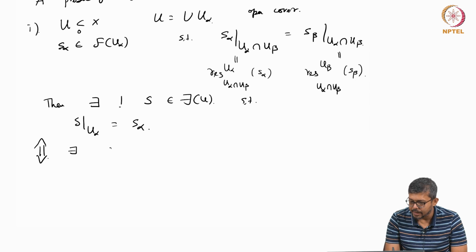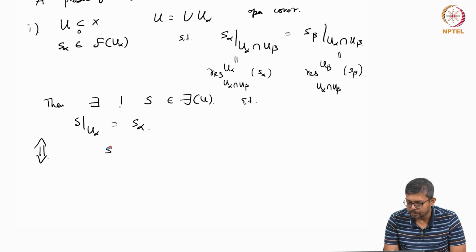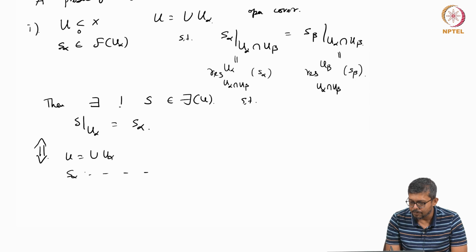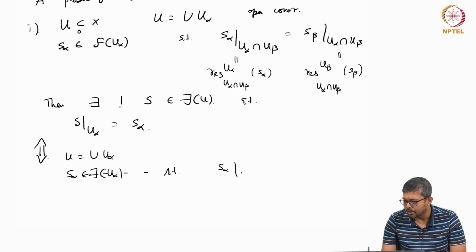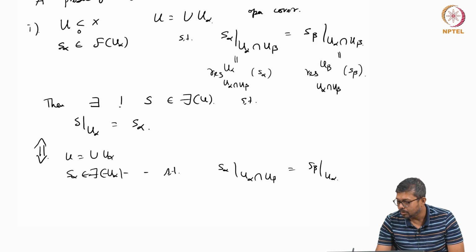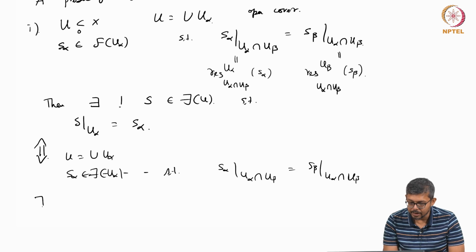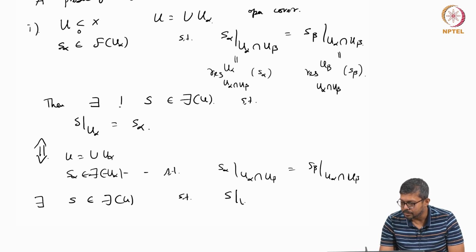First of all, there exists S such that if S alphas are given, U is the union of U alpha, and S alphas are in F of U alpha such that S alpha restricted to U alpha intersection U beta equals S beta restricted to U alpha intersection U beta, then there exists an S in F of U such that S restricted to U alpha equals S alpha.